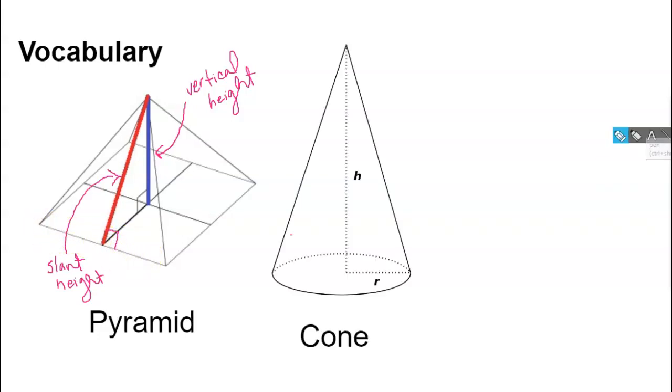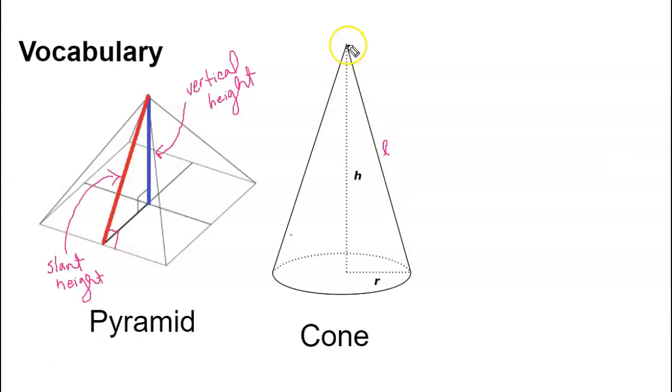If you have a cone, similar with cylinders and prisms, it's the same concept as a pyramid, but its base shape is not a polygon, it is a circle. And so it does have the same height. We have a vertical height, and then we also have a slanted height.